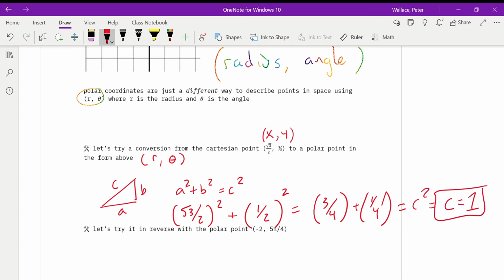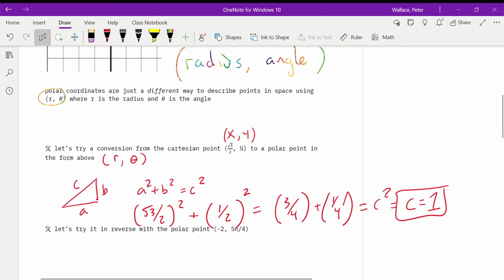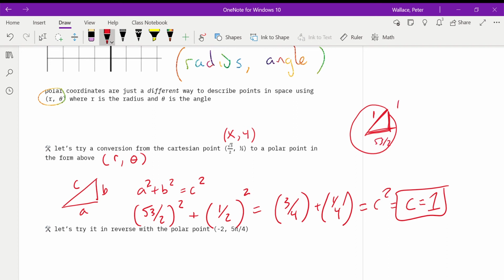And the beauty of making your own notes is that that is actually our point on the unit circle. Normally, the reason it's called a unit circle is just because we have this radius here of 1, and I had my x value of √3/2 and my y value of 1/2. So that ended up solving for our c, or our radius, of 1.